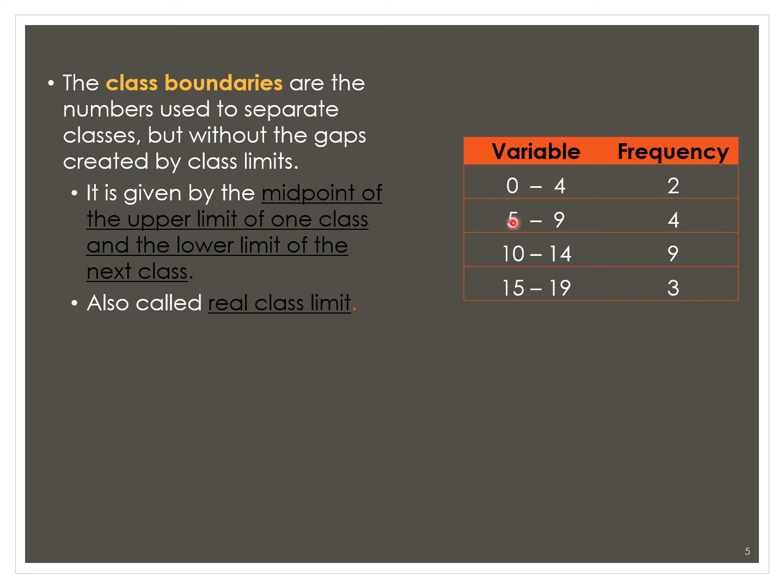Then 4 plus 5 is 9, over 2, which is 4.5. So the upper class boundary for the first class is 4.5. Meanwhile, 4.5 will be the lower class boundary for the second class.